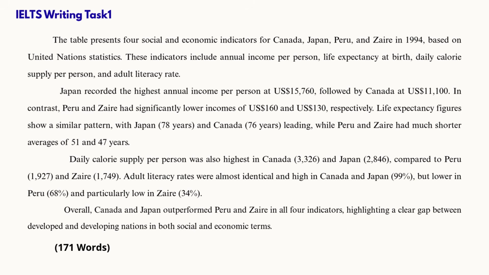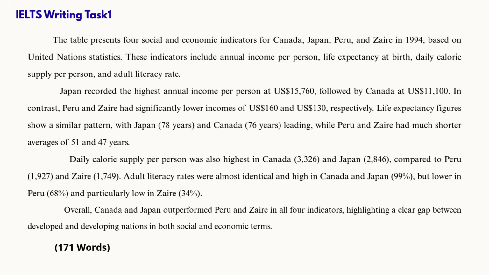Life expectancy figures show a similar pattern, with Japan and Canada leading, while Peru and Zaire had much shorter averages of 51 and 47 years. Daily calorie supply per person was also highest in Canada and Japan compared to Peru and Zaire.